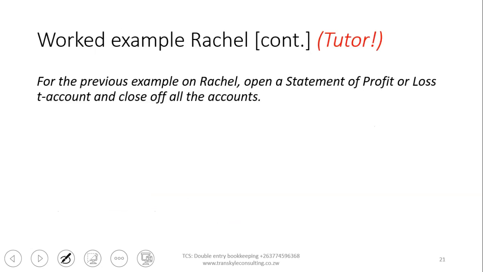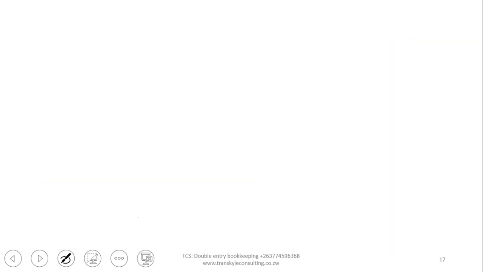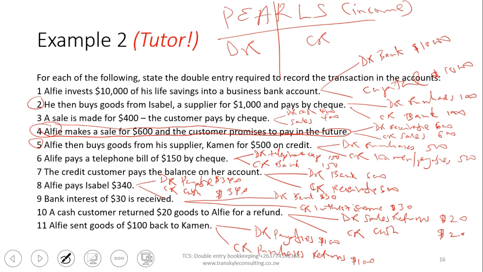Now, let us take the ratio example further. For the previous example on ratio, open a statement of profit or loss T account and close off the accounts. So that's what we just have to do for now. The ratio problem was actually a hectic one.